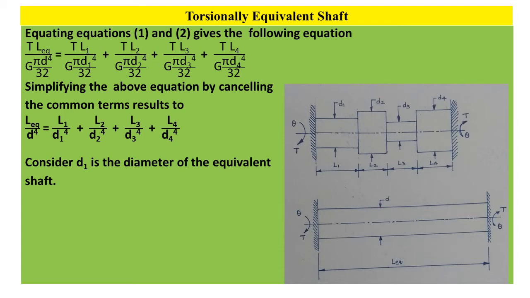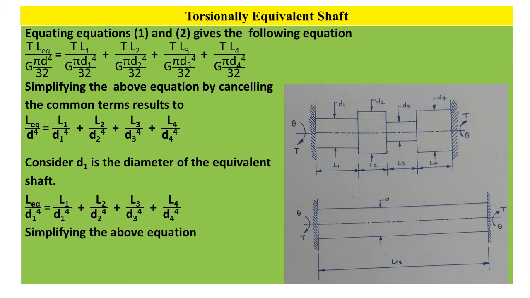Considering D1 is the diameter of the equivalent shaft, LEQ by d1 to the power of 4 equals L1 by d1 to the power of 4 plus L2 by d2 to the power of 4 plus L3 by d3 to the power of 4 plus L4 by d4 to the power of 4.